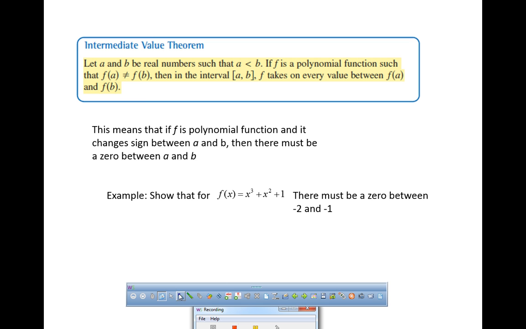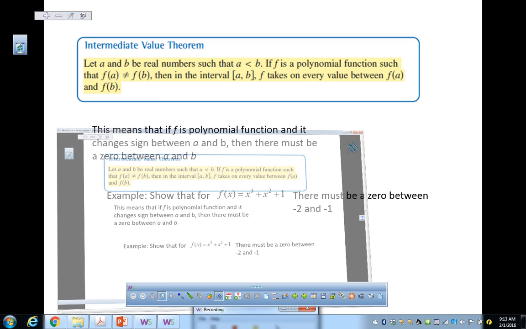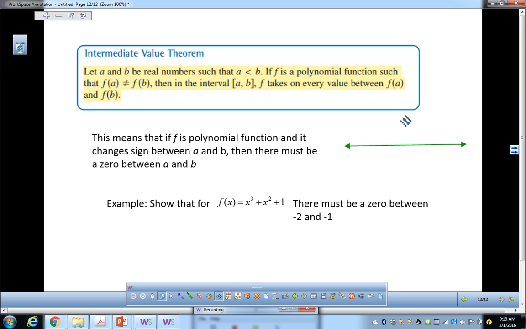What the intermediate value theorem says is that if you have a function, and this is some point A, and this is some point B, you just listen for 2 seconds. If this function changes from positive to negative, what must exist between these 2 points?